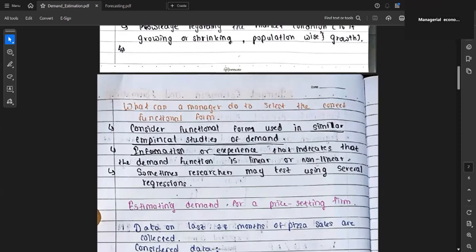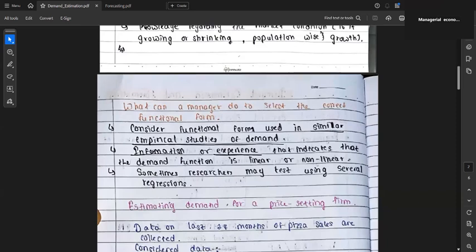Then the information or experience that indicates that the demand function is linear or non-linear. According to the manager's own experience and the information he has, he can assume the functional form. If you plot the data on a curve, you may sometimes be able to clearly see the correct function, whether it's a linear or a non-linear functional form.